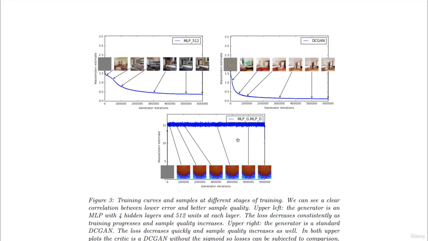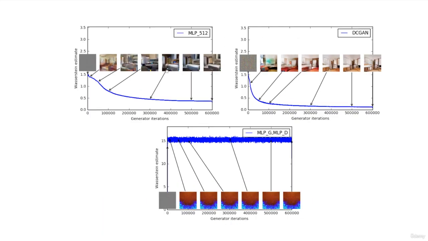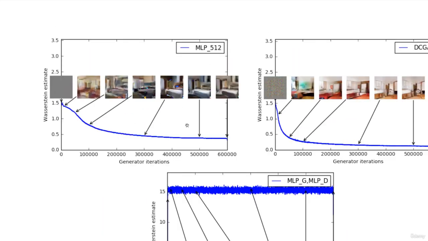And we have the following results, where we have this MLP, that is multi-layer perceptron, generator with 4 hidden layers and 512 units at each layer. And right here we have the typical DCGAN generator, and the discriminator is also a typical DCGAN one. So we can see the kind of results we get from this.